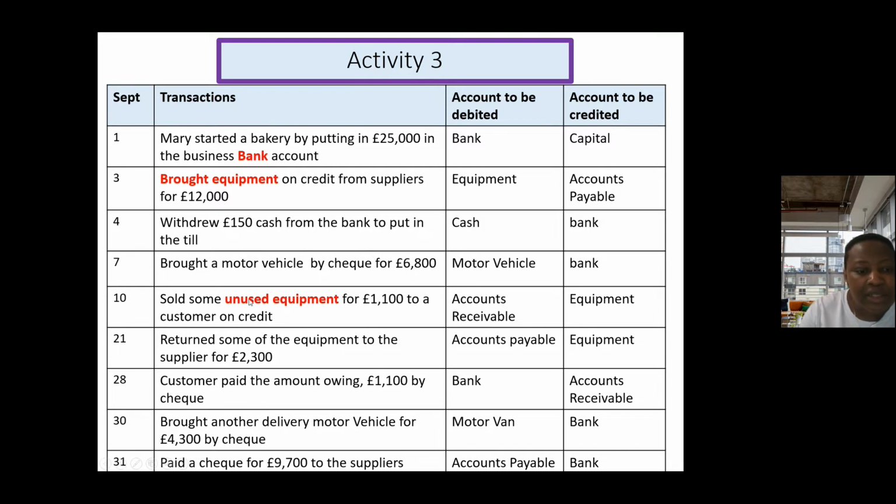And then this unused equipment was an asset that we are no longer using. So there is a reduction in the equipment we have, and we credit it. Reduction in assets should be credited. So credit equipment. Please go on with the other ones to see how those transactions are to be recorded in our journal entry.